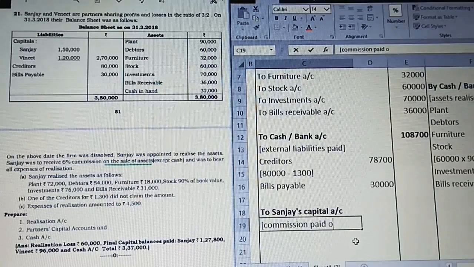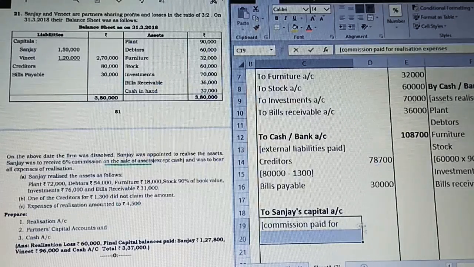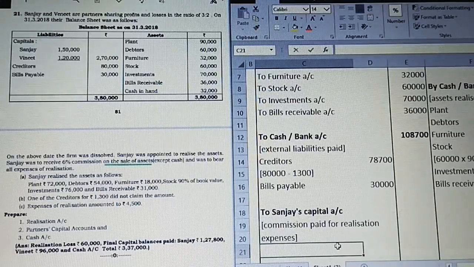Commission paid for realization expenses. Yes, so as a value we are going to pay him.